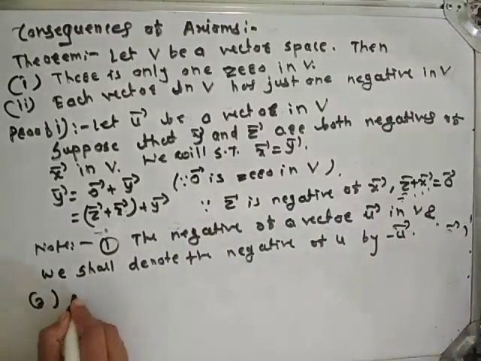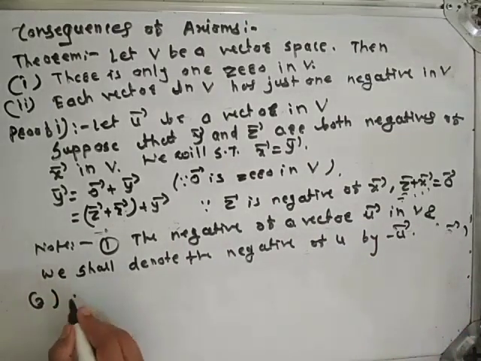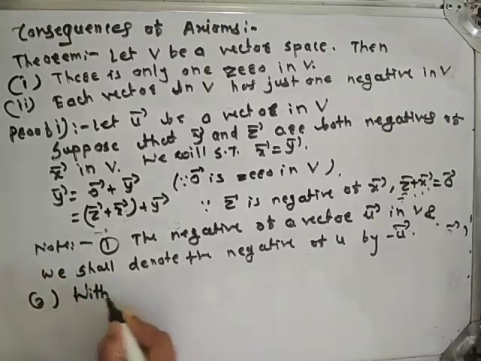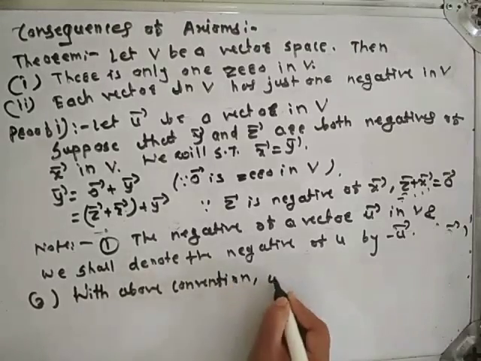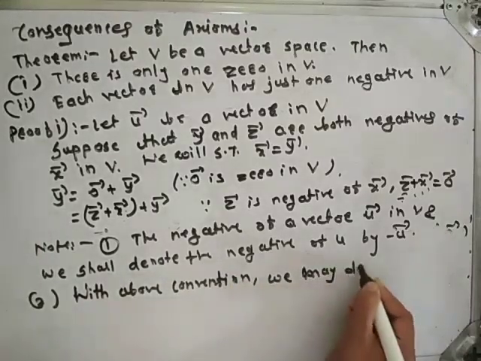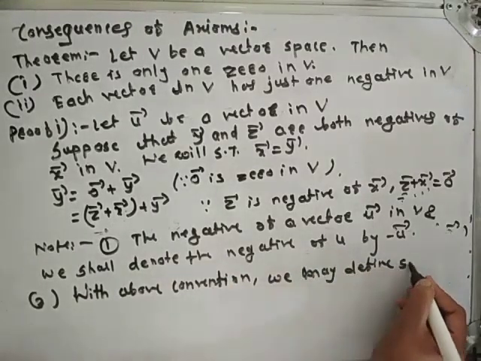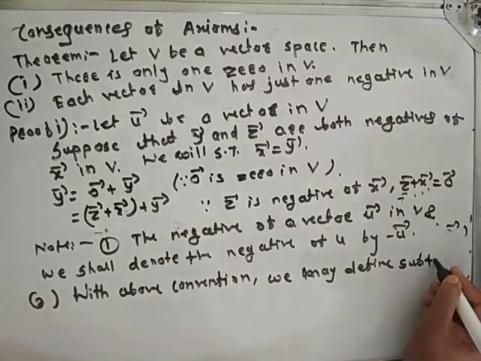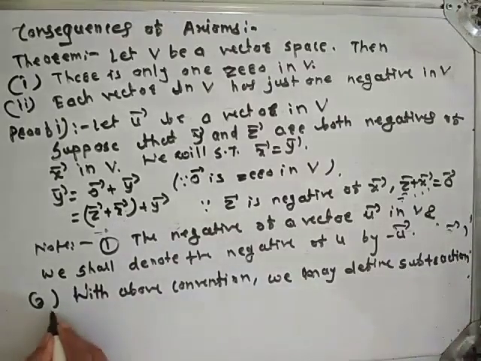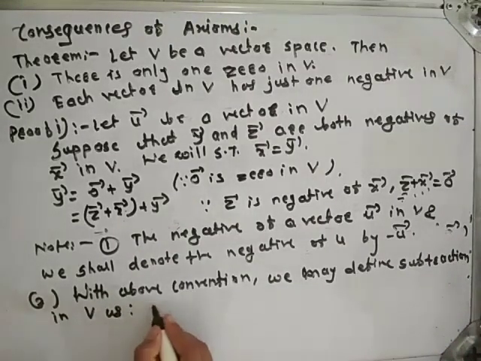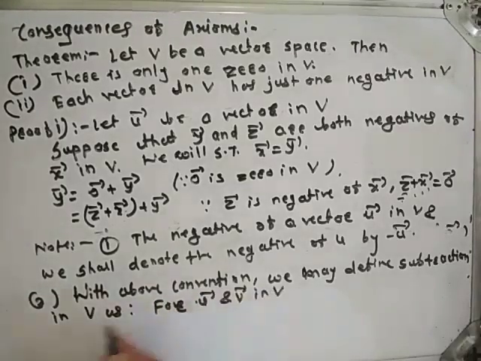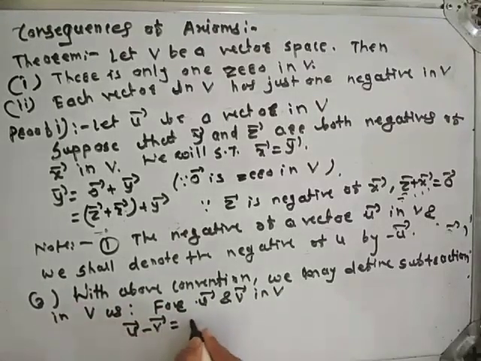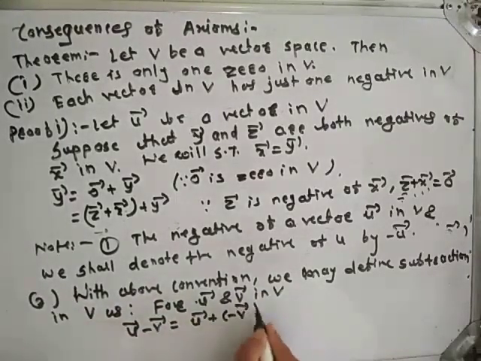And second, with the above convention, we may define subtraction in V as: for u bar and v bar in V, u bar minus v bar is equal to u bar plus minus v bar.